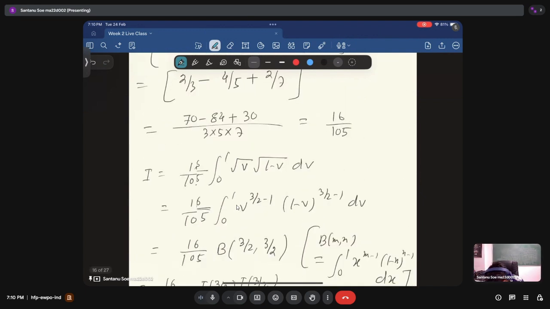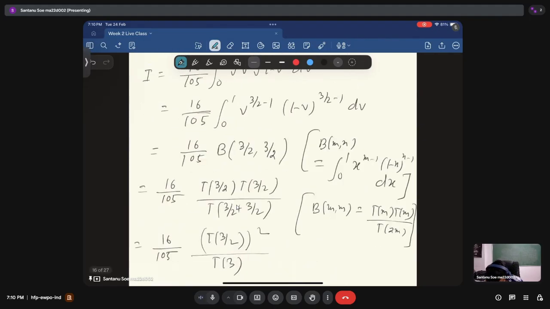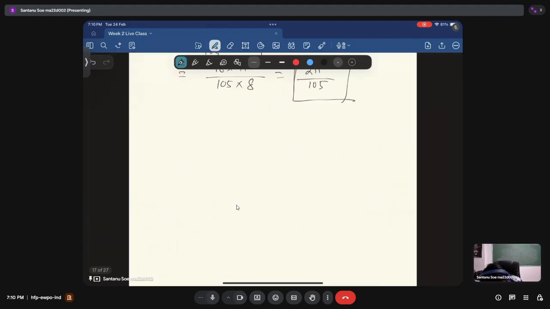Now there is a short form for this integration to evaluate in terms of the gamma function. So I'm going to write this as a remark.